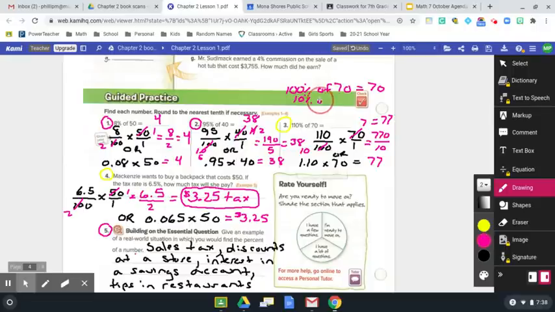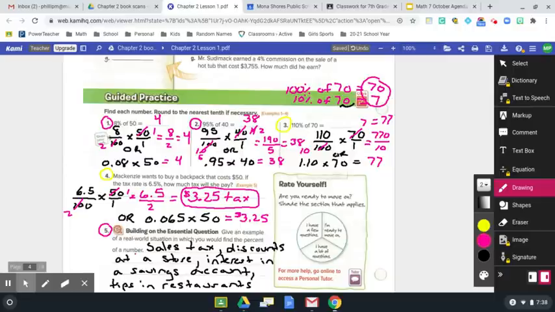Think about 10% of 70. So if you know, maybe you don't, 10% of any number is always going to move the decimal place only 1 in right here. So that means 10% of 70 is going to be 7. And there it is. 70 plus 7 gives you 110%, 77.